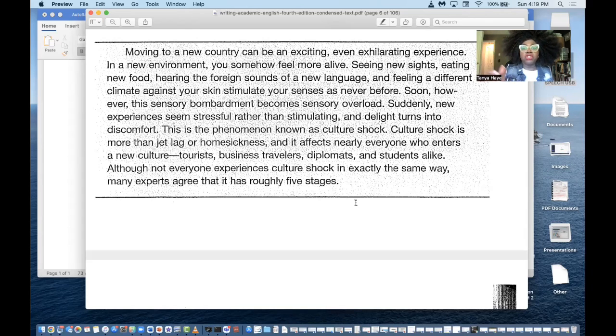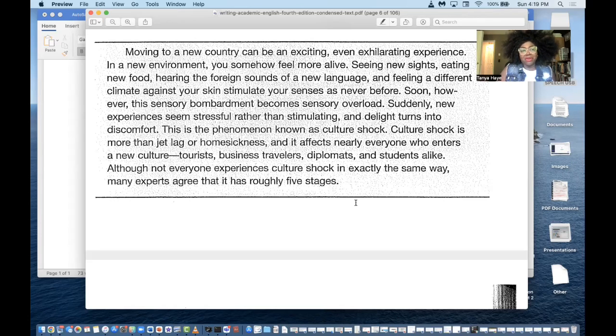Moving to a new country can be an exciting, even exhilarating experience. In a new environment, you somehow feel more alive. Seeing new sights, eating new food, hearing the foreign sounds of a new language, and feeling a different climate against your skin stimulate your senses as never before.